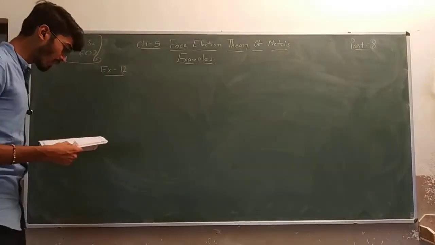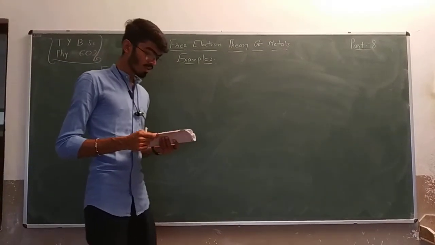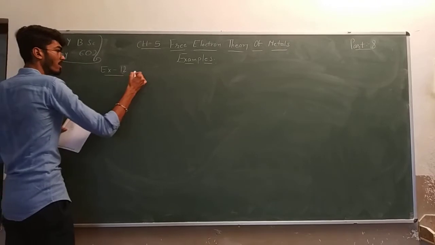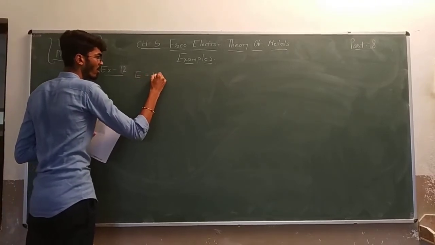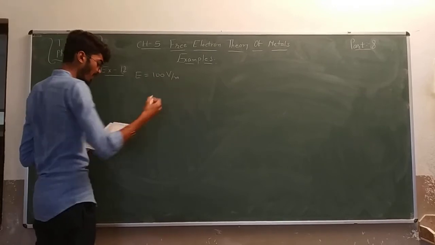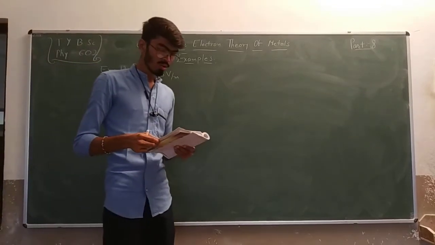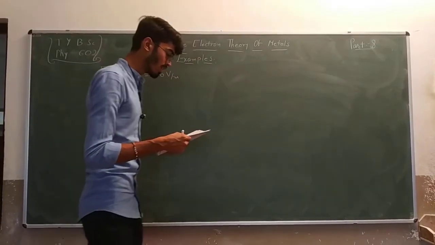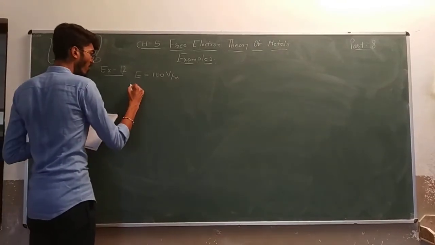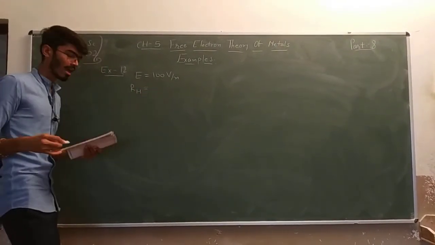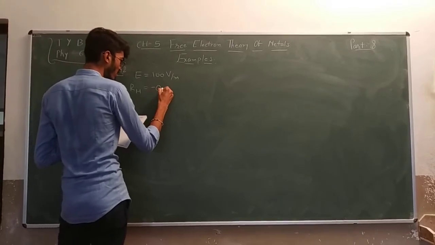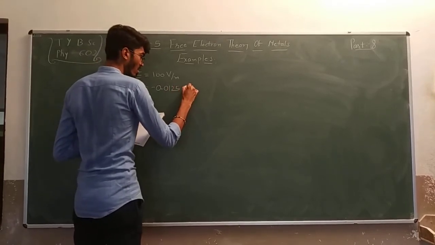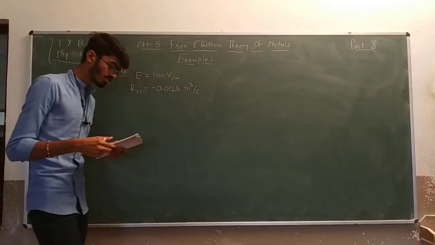An electric field of E equal to 100 volt per meter is applied to a sample of N-type semiconductor whose Hall coefficient, that means R_H, is minus 0.0125 meter cube per coulomb.